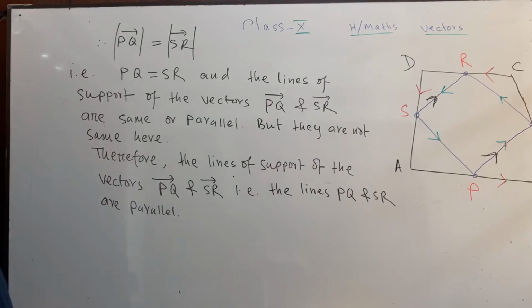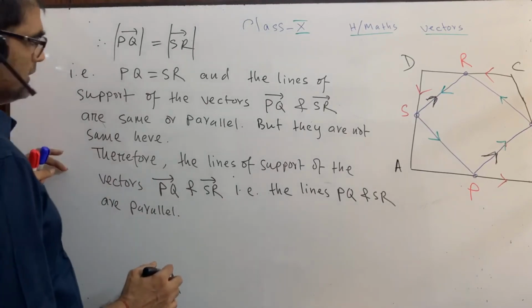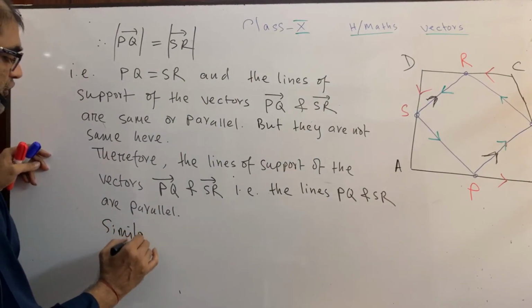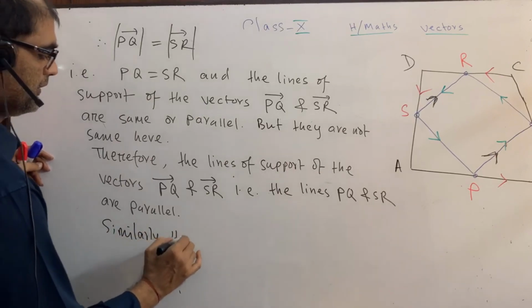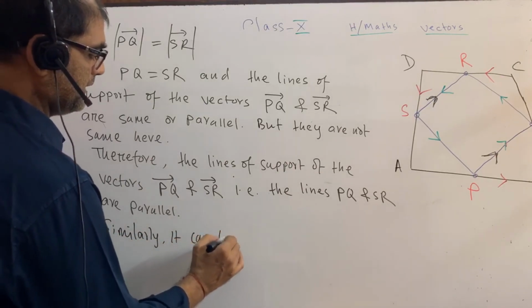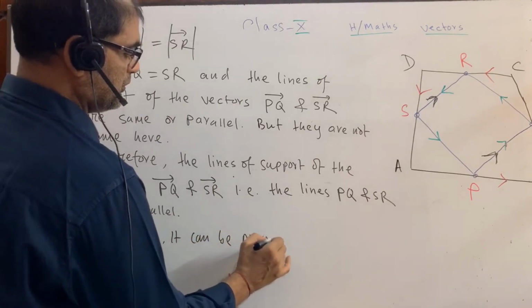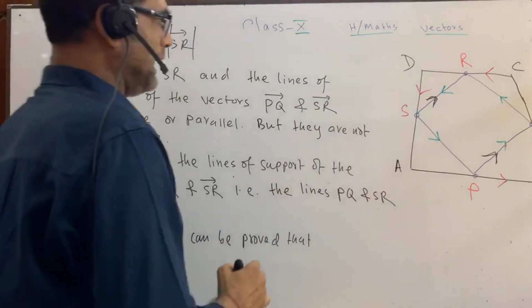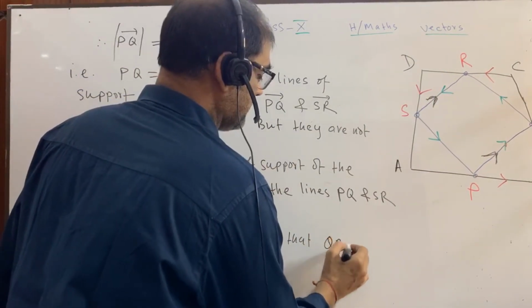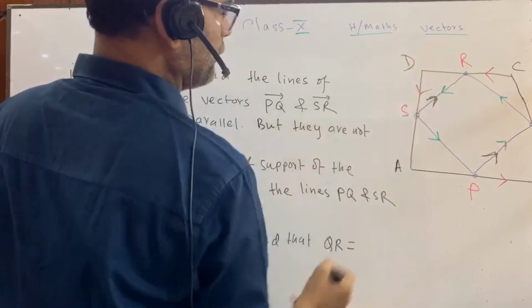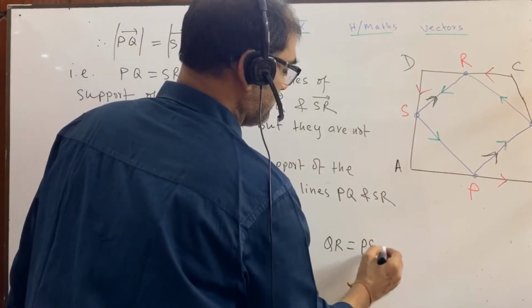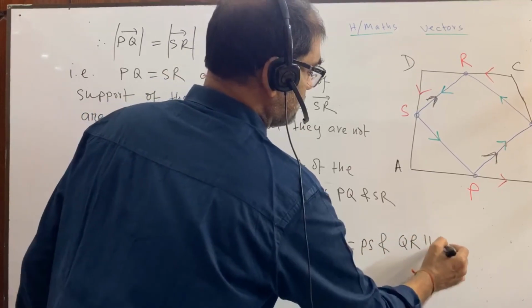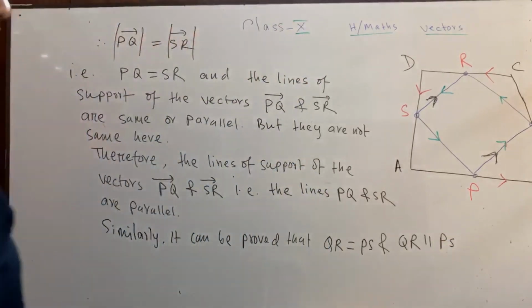Then we should write down, similarly it can be proved that QR equal to PS and QR parallel to PS. What comes to the conclusion?